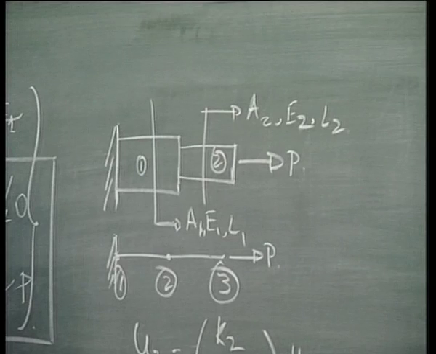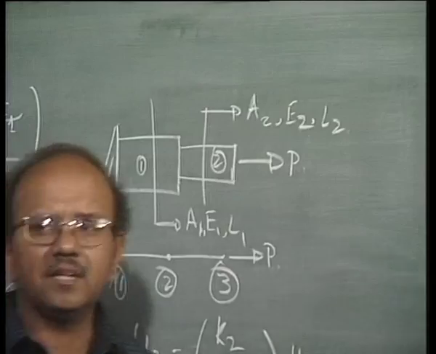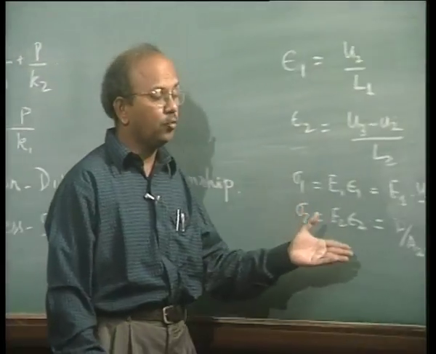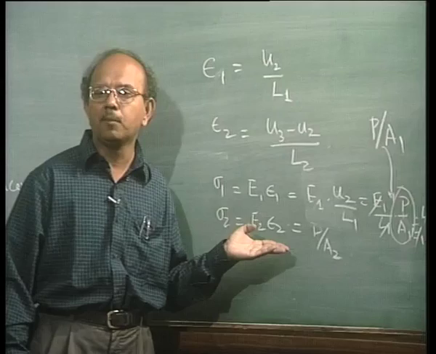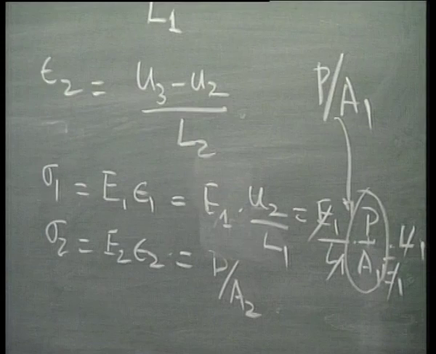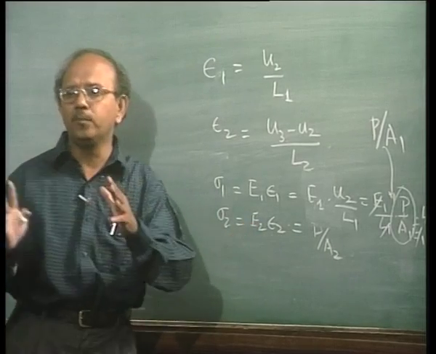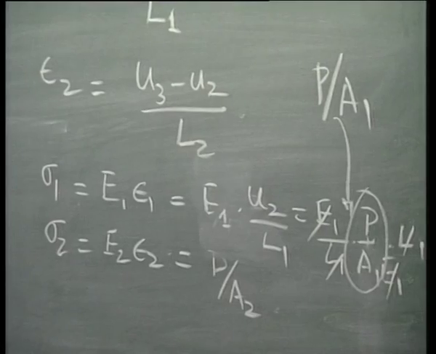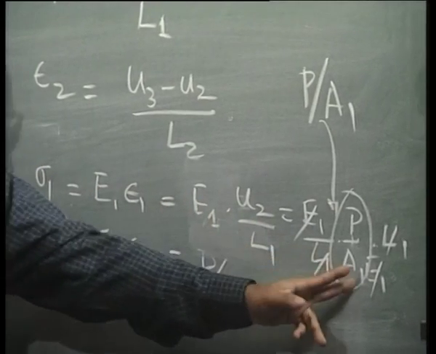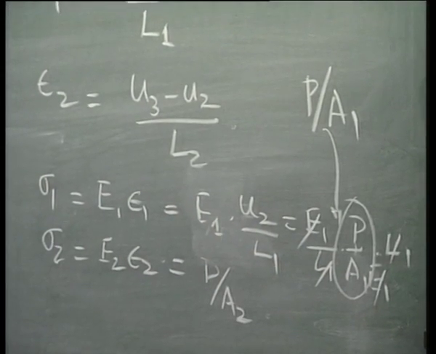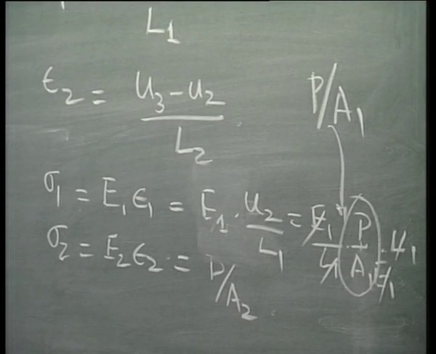Because ultimately we are looking at equilibrium equations. What does this actually indicate? In one sense, these two come out from the equilibrium of the bar. Now, sigma 1 A1, if I bring the A1 to the other side, signifies the internal forces due to stresses.